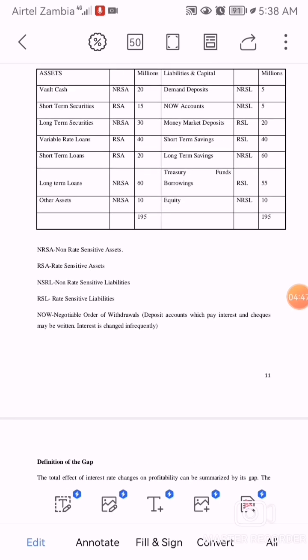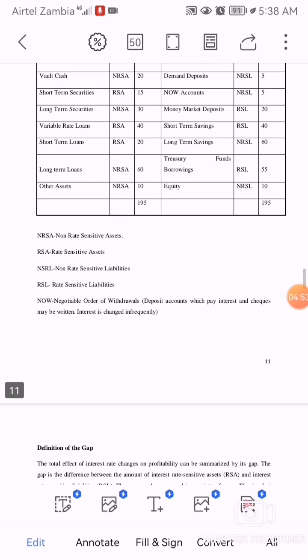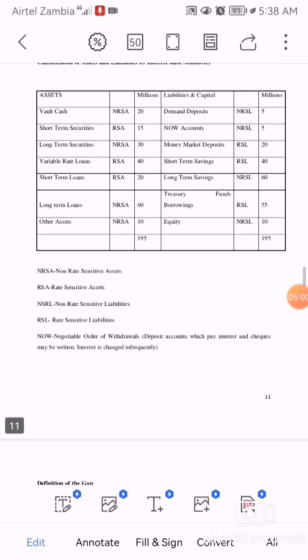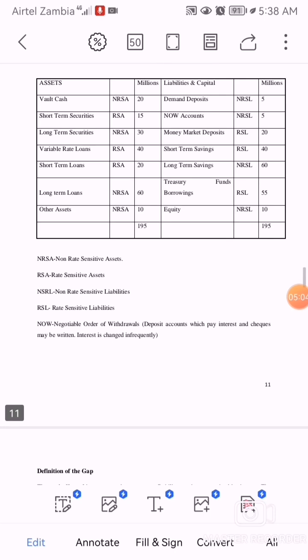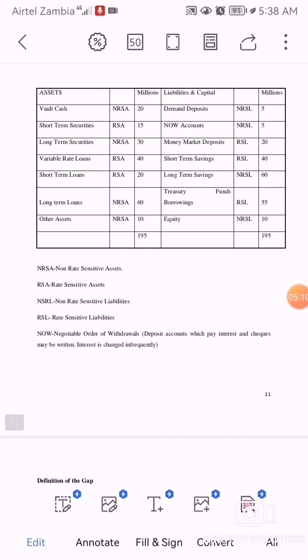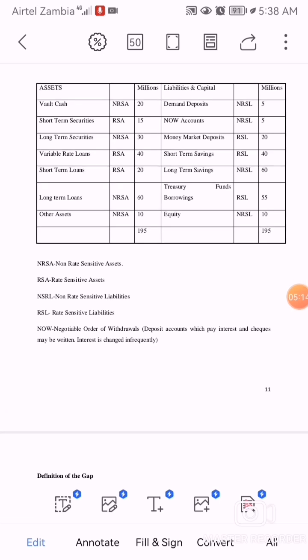So the three formulas that you need to be familiar with. The first formula, to find the gap analysis itself, is equal to RSA minus RSL. In simple terms, you're basically finding the difference between your rate sensitive assets and your rate sensitive liabilities. You get a total of RSAs on this side, you sum them up, and your RSLs, you sum them up, and you get the difference.